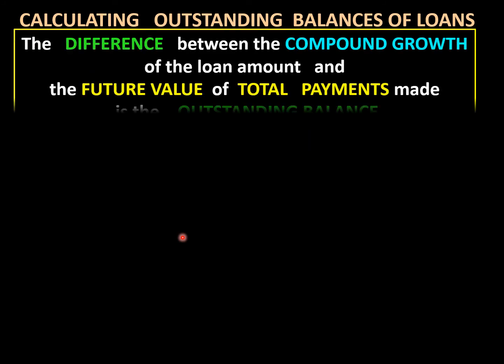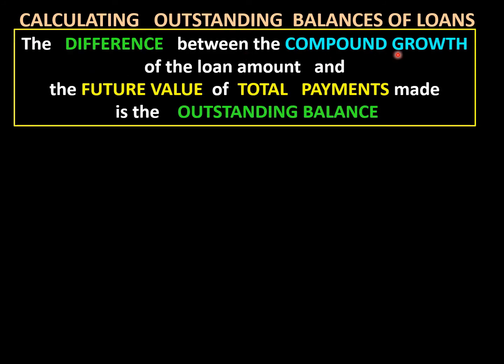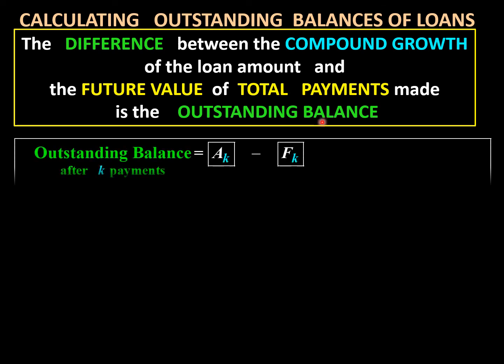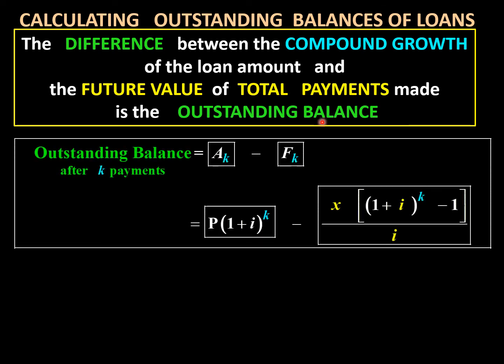Let's summarize what we have there. The outstanding balance is the difference between the compound growth of the loan amount and the future value of the total payments made. We can write this down in symbolic form. The outstanding balance after K payments is this, the compounded growth of the bank's loan, minus this, the future value of all the payments.